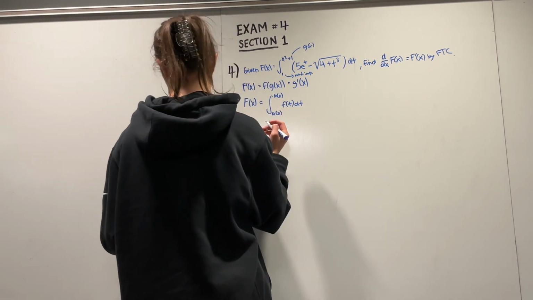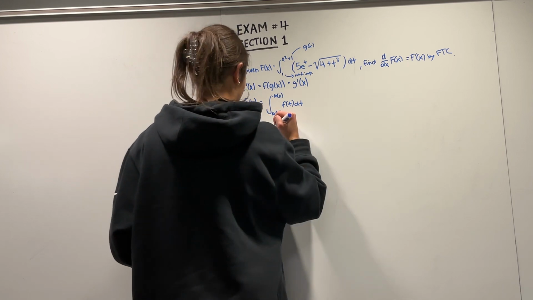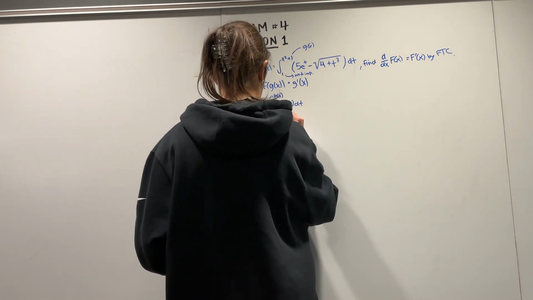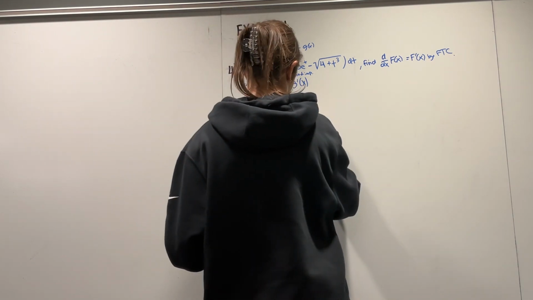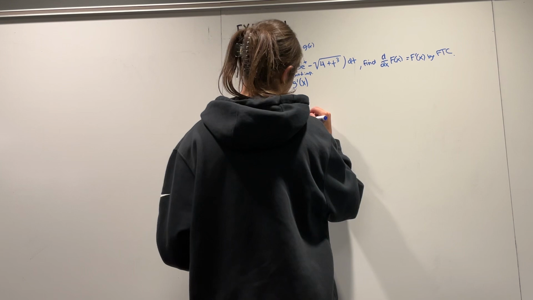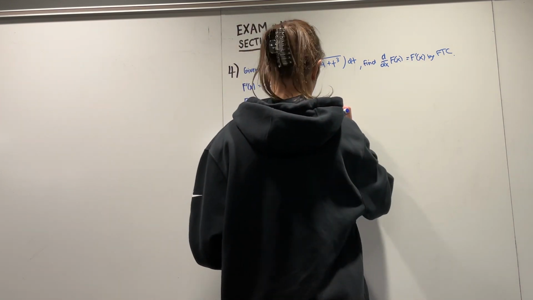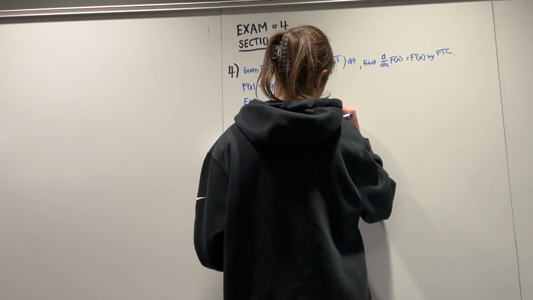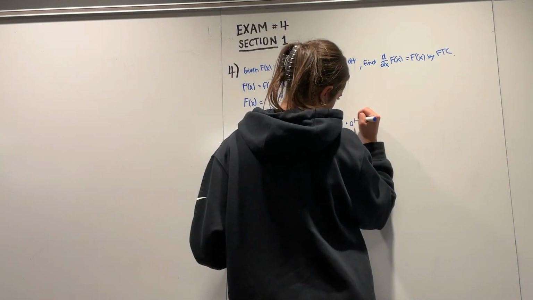It'll be f prime of x is equal to f of b of x, multiplied by b prime of x, minus f of a of x, multiplied by a prime of x.